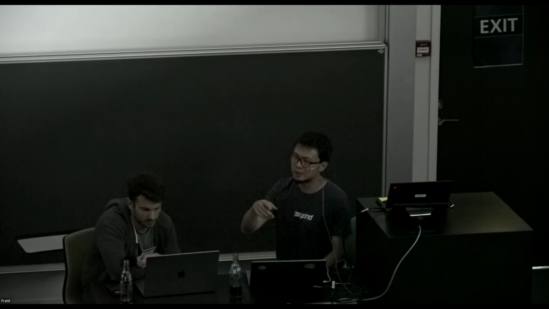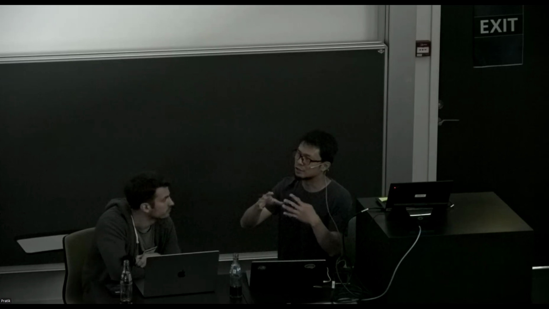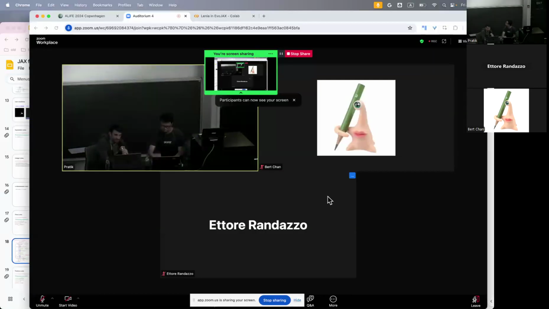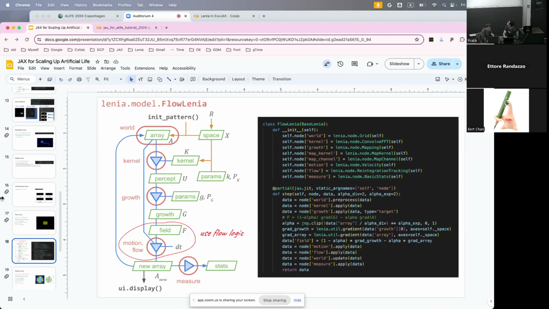Even the UI, when you're making some videos, the generation function can also be jitted. So you can JIT the generation of all the frames essentially, using JAX NumPy, but eventually you have to pass outside of JIT to visualize it. That part cannot be JIT.